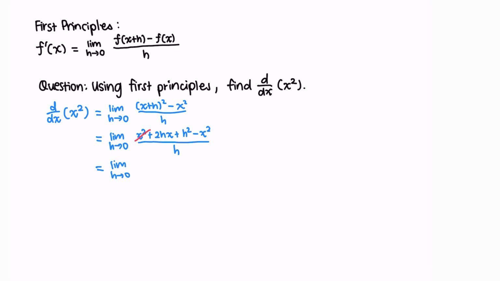And we can actually just cancel out the x squared and minus x squared. So this becomes 2x plus h. And this is the limit where h approaches 0. So nothing happens to x. As h approaches 0, the limit just becomes 2x. And that's the first derivative of x squared, 2x.